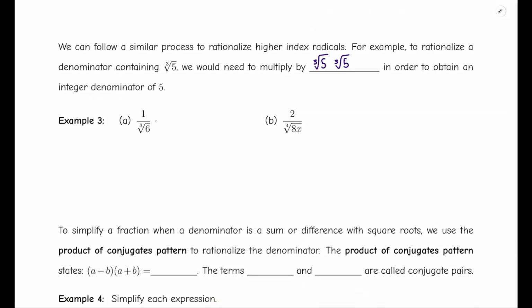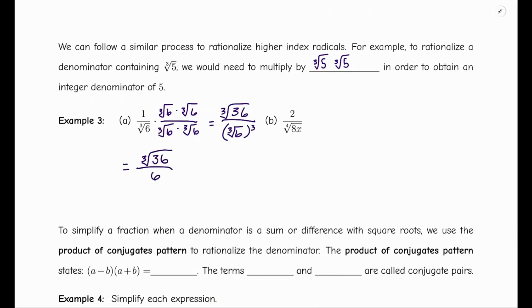So I'm going to multiply by the cubed root of 6 times the cubed root of 6 over the cubed root of 6 times the cubed root of 6. So that becomes the cubed root of 36 all over the cubed root of 6 cubed, which is the cubed root of 36 all over 6.